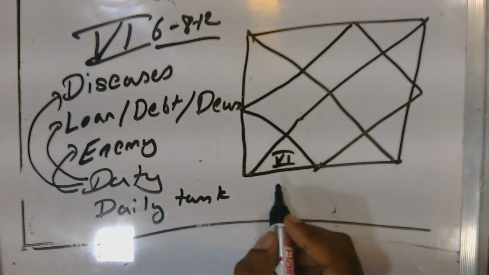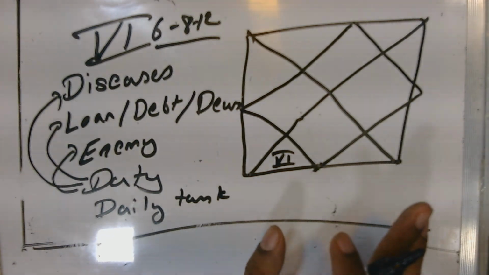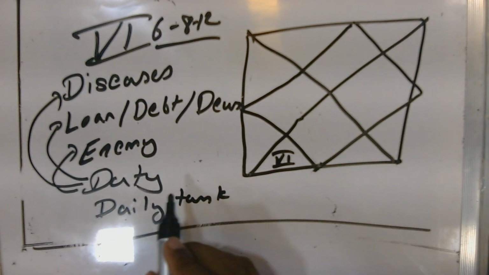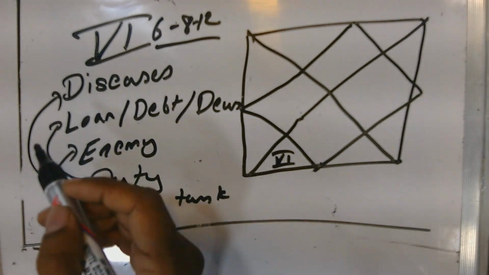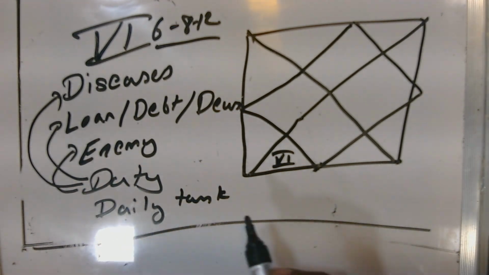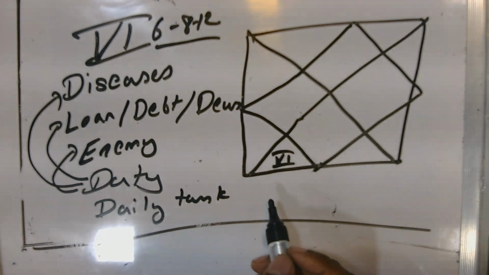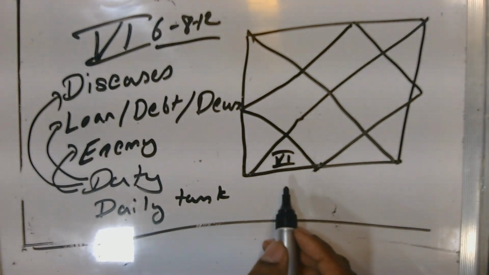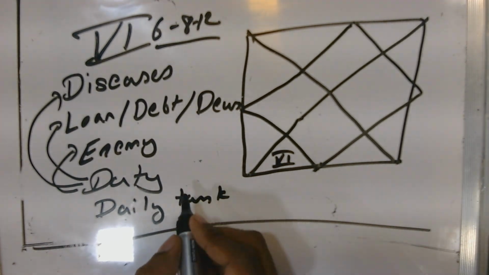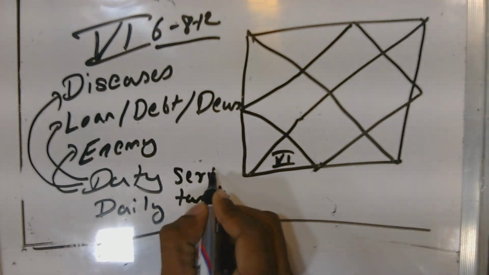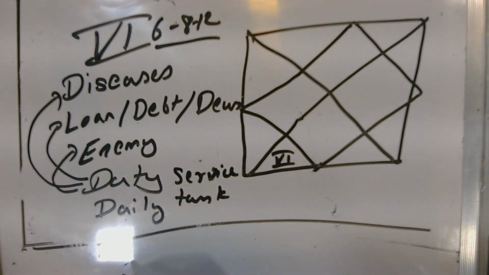So the sixth house is generally not considered a good house, but it will tell you how you are going to perform for the difficult things that you have to face. It will also give information about the person himself, whether he is going to be a serviceman or not.